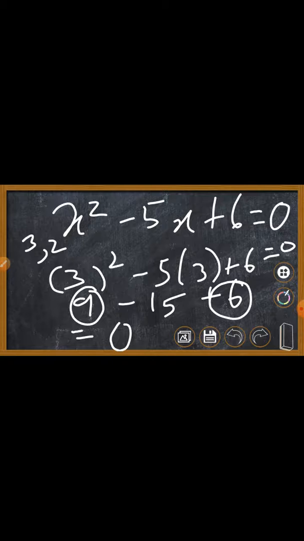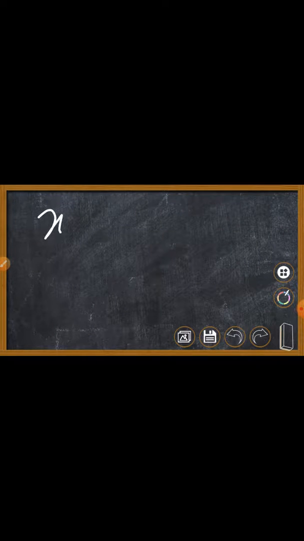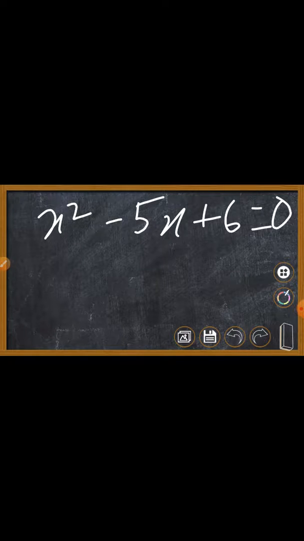Understood? So this is the main point of this whole exercise: if you put back the roots in the equation you will get 0. So 3 and 2 were the roots of the equation. Now we will put 2.